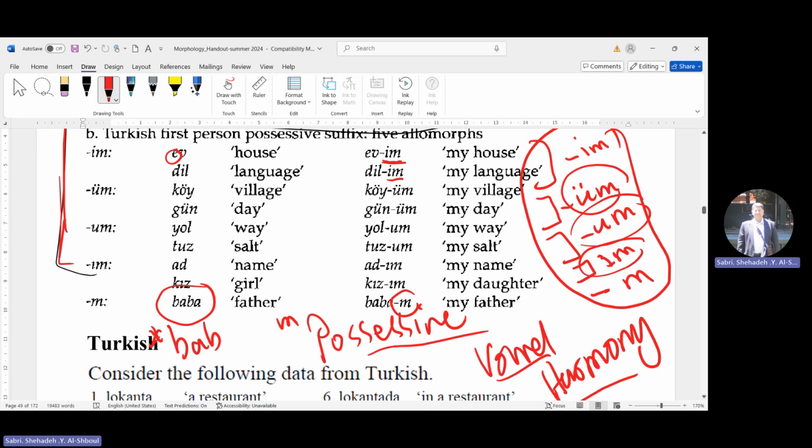So the vowel of the morpheme is deleted to get rid of the vowel hiatus, where two vowels are not possible in the final position or in the previous position of the word. So allomorphy is sensitive to vowel hiatus in this regard. Okay.